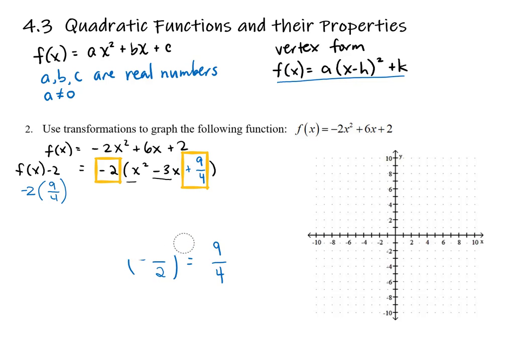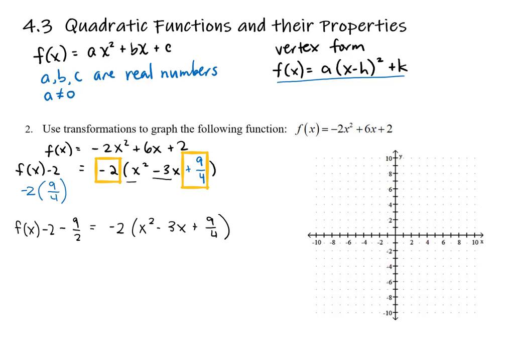I'm going to erase my work a little bit. I'm going to rewrite it as f of x minus 2 minus 9 over 2. And that's going to be equal to negative 2 times x squared minus 3x plus 9/4.